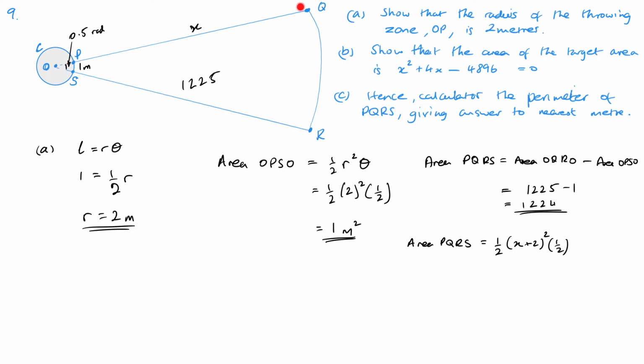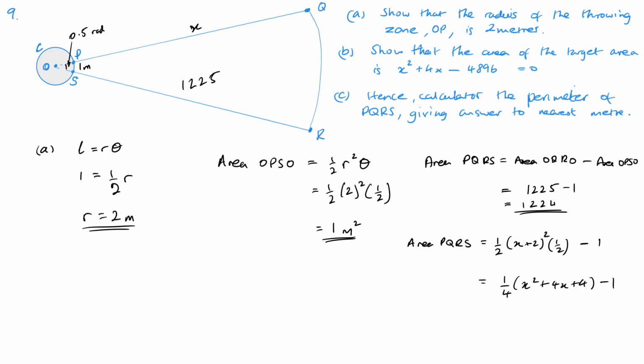So x plus 2 is this distance, OQ. And then that's a half. And of course then this is going to be minus the area here, which is just going to be 1. So we've got a quarter x plus 2 squared, that is a quarter x squared plus 4x plus 4, minus 1.